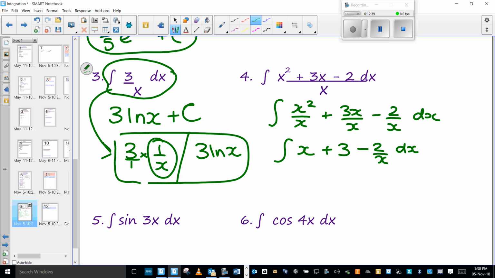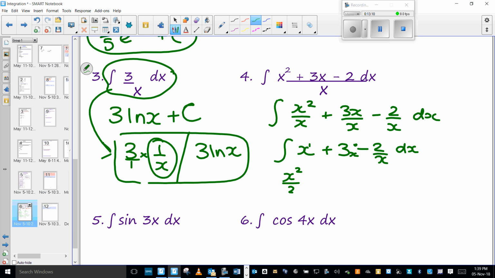So our current power is 1. The rule of integration is you add 1 to the power and divide by the new power. So this becomes x squared over 2. This is a constant term. You add 1 to the power and divide by that new number. This currently has no x next to it, so we could consider that as being x to the power 0.